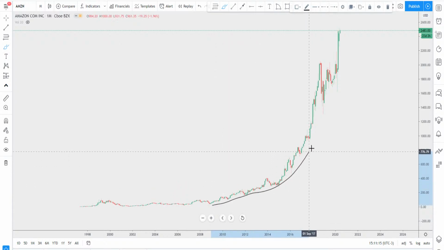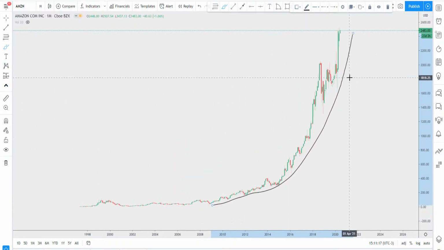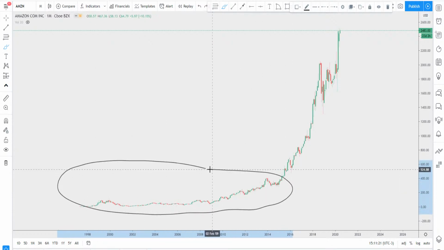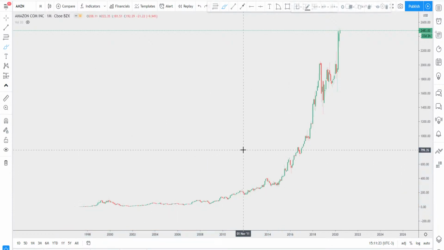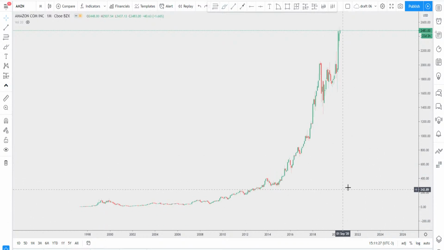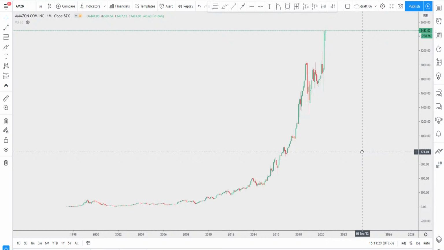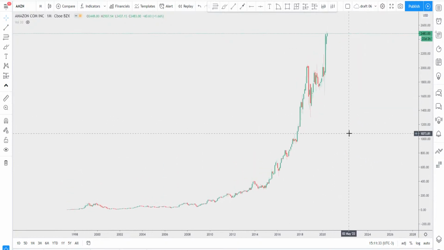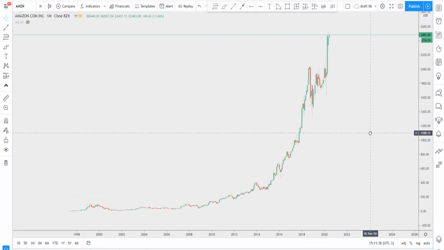This is a parabolic move, and we also had very significant action here, but we can see due to the nature of a non-log chart. So first I will make only a few draws here, and then we jump into the log chart for a better perspective and idea of what is happening.